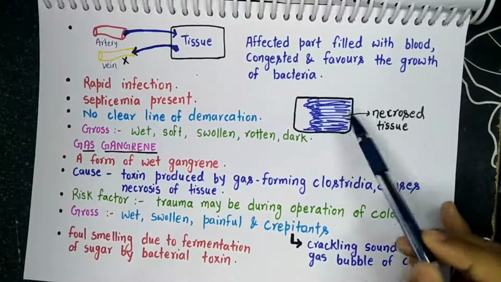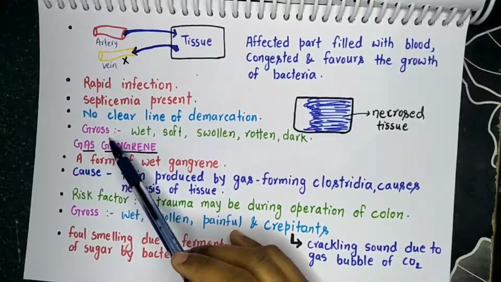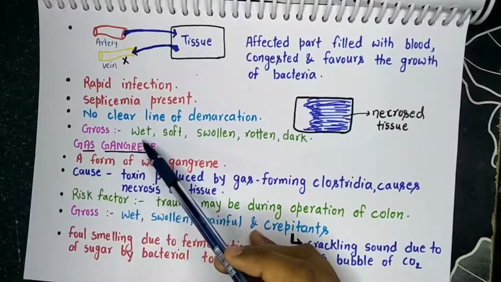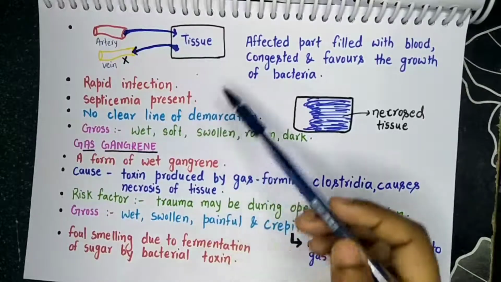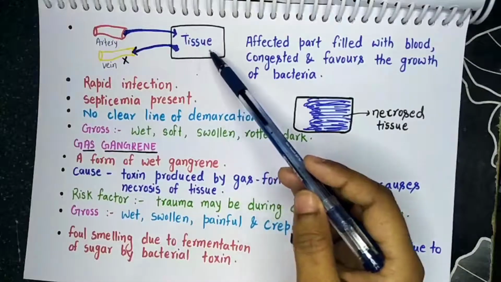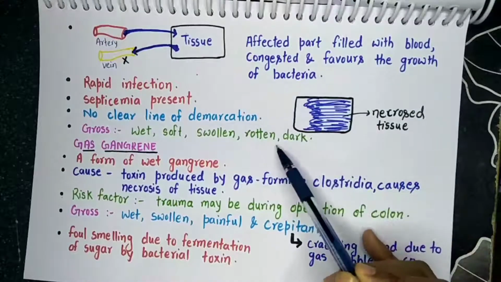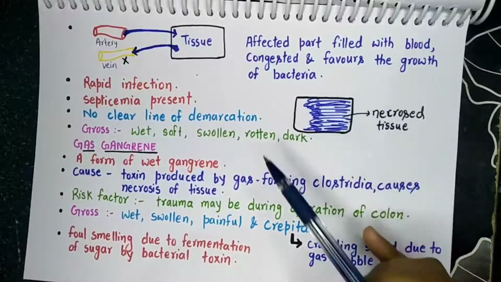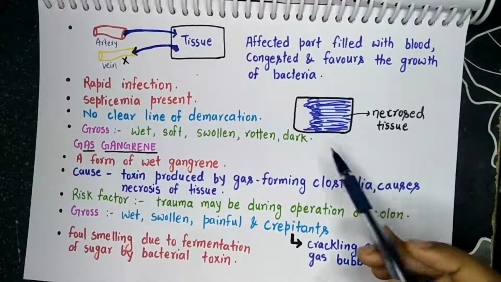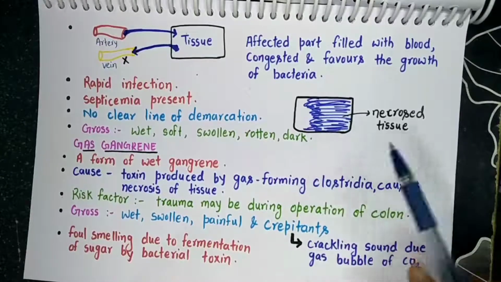So it is more dangerous. And in gross features, what we will see in case of wet gangrene, the tissue will be wet, obviously due to accumulation of blood in the tissue. The tissue will be soft and swollen, and also rotten because of the large amount of bacterial infection there, and it will be dark in color.